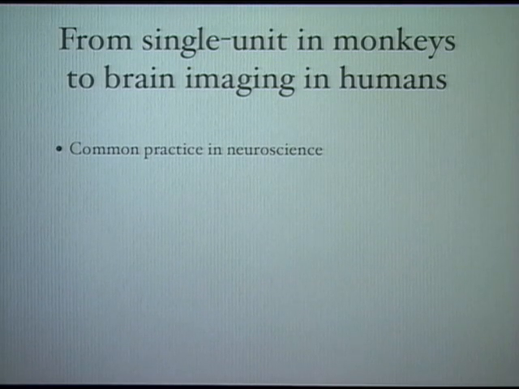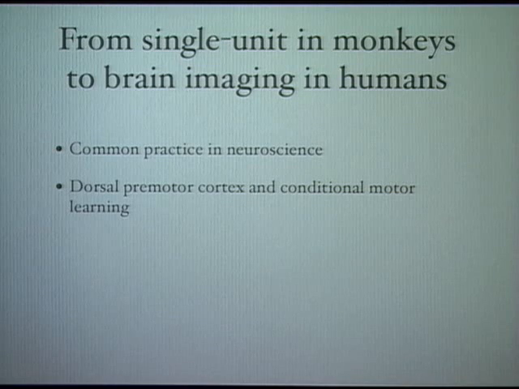Now, this is really, to me, an astonishing proposition because, in fact, a common practice in neuroscience is that you get the cellular mechanism with neurophysiological studies in the monkeys, you move to the human brain using brain imaging techniques, and when you see that there is a nice correspondence between the behavior of a neural system at the brain imaging level and the behavior at the cellular level in the monkey neurophysiology data, you make the inference, a very reasonable one, that the same cells that are in the monkey brain are in the human brain.